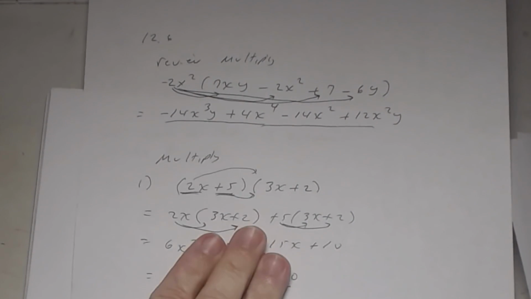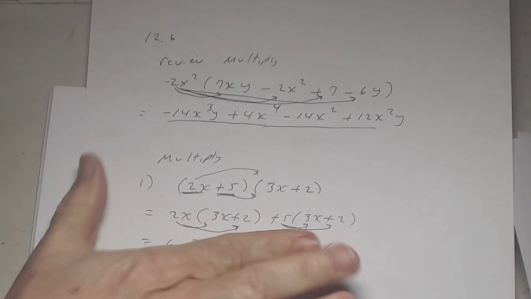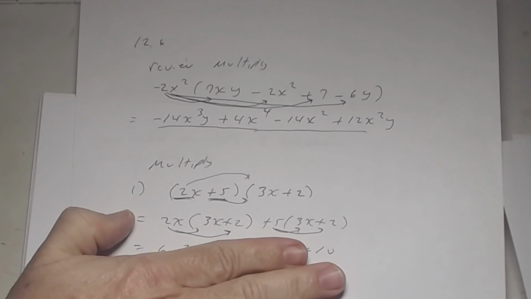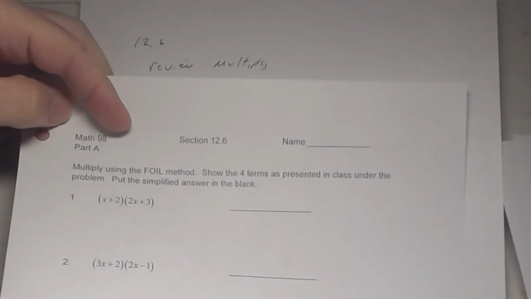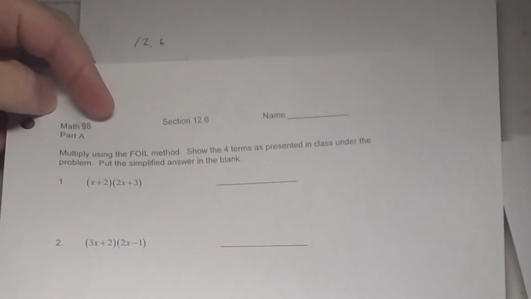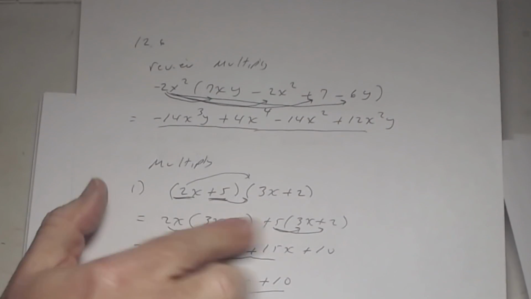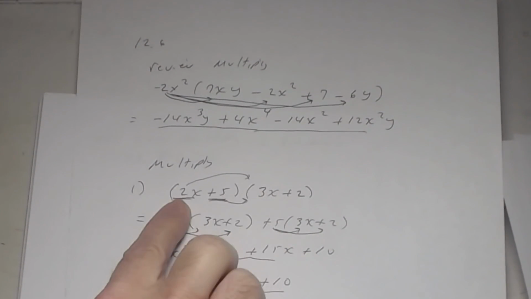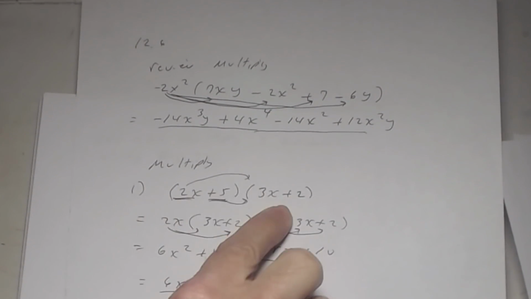Now, we did this. We didn't use a FOIL method. What method did I use here? Distributive property. That's what I used. So you may say, well, I'm just going to use the distributive property. No, I need for you to use the FOIL method, which involves the distributive property, but that's not what this is. You actually distribute. You took each term of the first polynomial multiplied by the second.